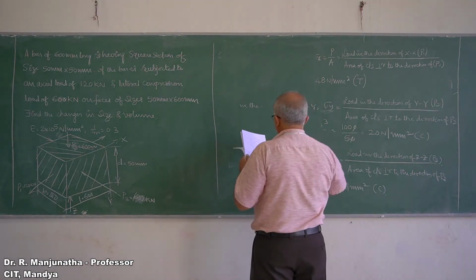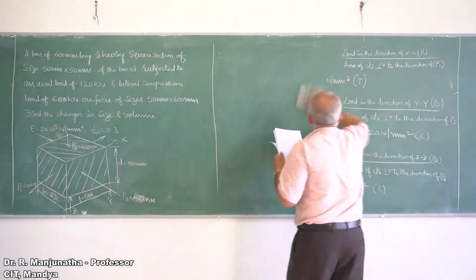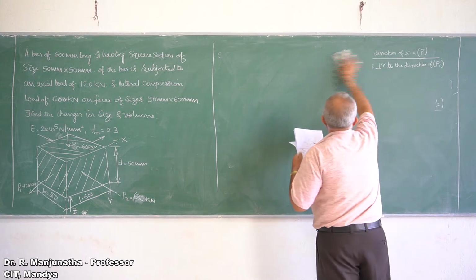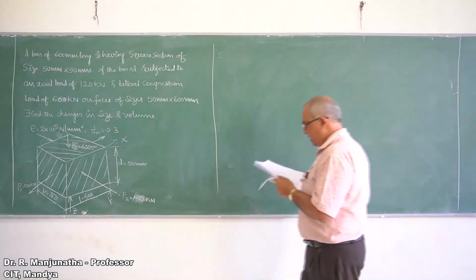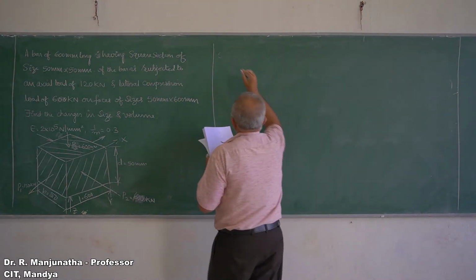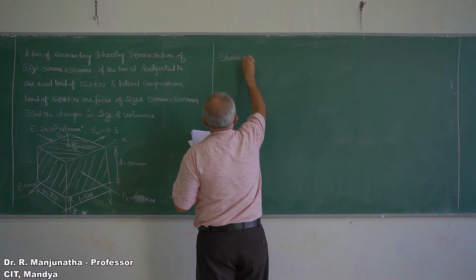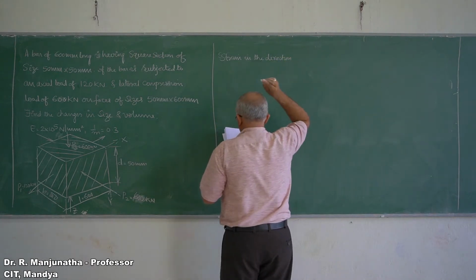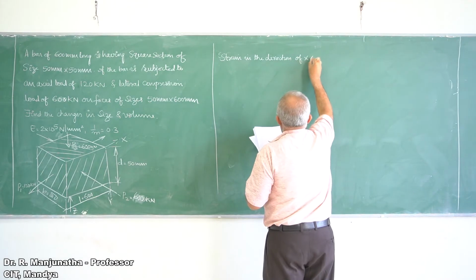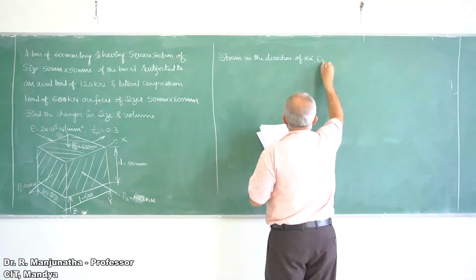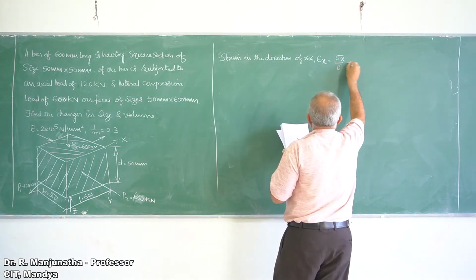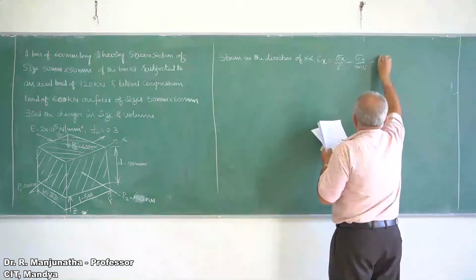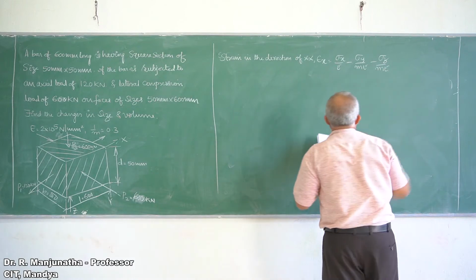So the strain in the direction of xx, which is epsilon x, will be equal to sigma x by E minus sigma y by m into E minus sigma z by m into E. So this is the general equation.